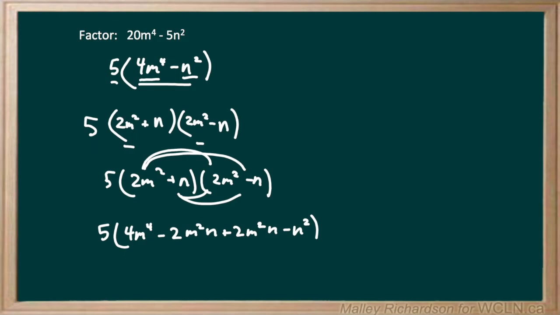Now grouping together our like terms, we have negative 2 plus 2, which leaves us with 0. So these middle terms cancel out, and we're left with 5, 4m to the 4 minus n squared.